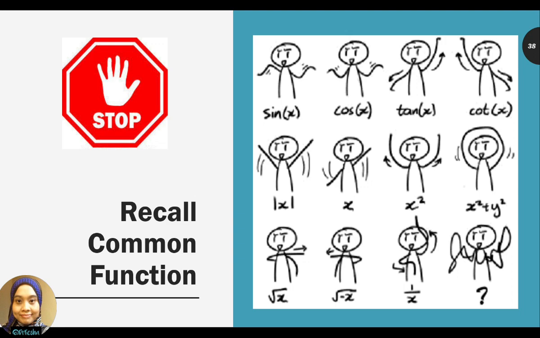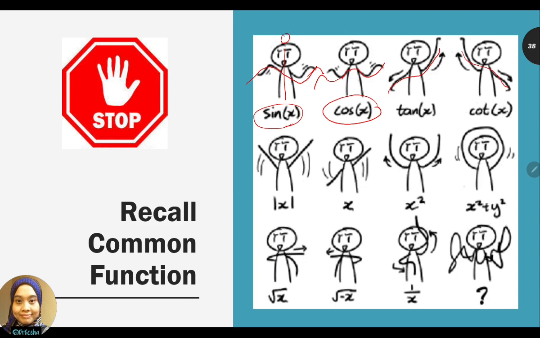Alright, so try to see, for the sine x, we have this type of shape, and for the cos, this is the 0. So for the cos we have it like this, and for the tan x, tangent x, we have it like this, and the cotangent is the inverse of tangent, we get it like this.